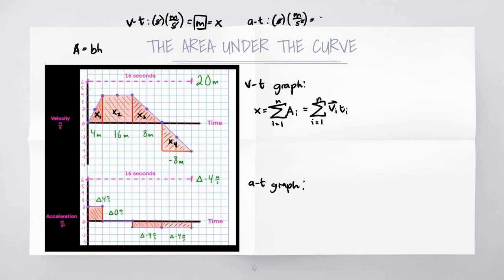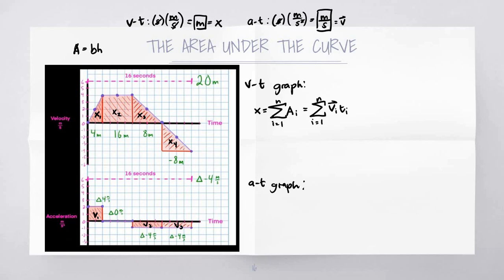So the final unit that we obtain is meters per second, which is the unit of the physical quantity velocity. So in an acceleration time graph, if we solve for the area under the curve, we will be left with velocity. So this is v sub 1, v sub 2, and v sub 3.